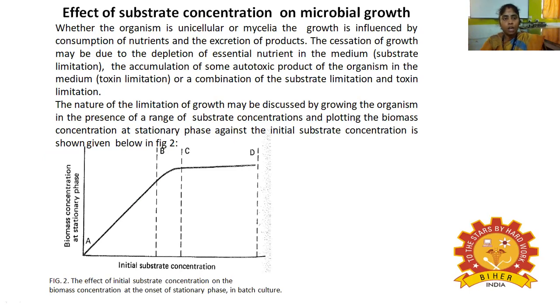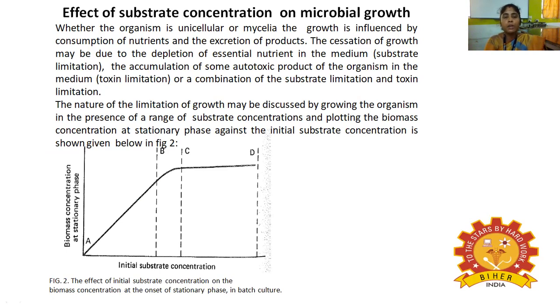Next, we will see how the substrate is utilized for the growth of the microorganisms. The substrate concentration depends entirely on the nutrients we give as substrate. We give it so that the microorganism can utilize it, grow, and form a product.